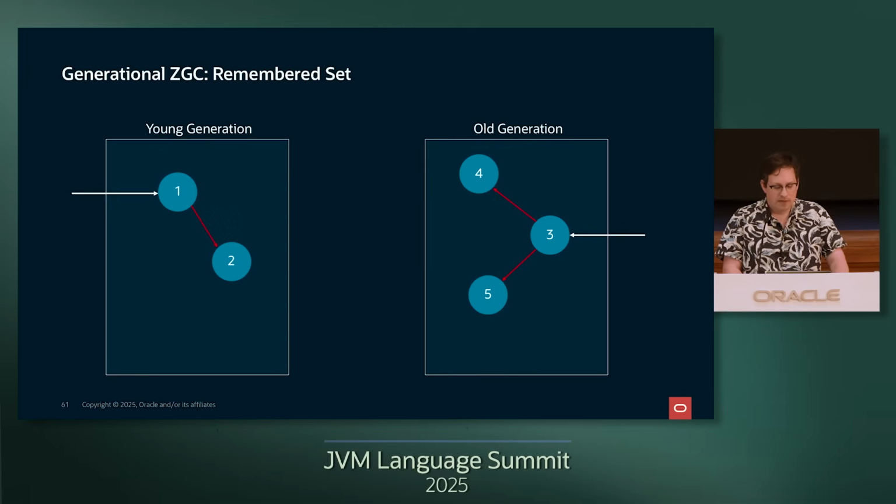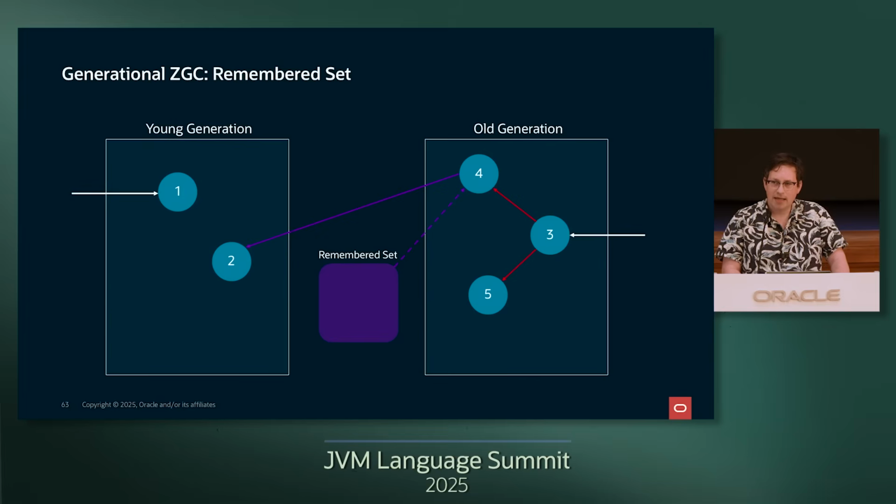And for those of you who don't recall what a remember set is, if you perform a store here, creating an edge from object 4 to object 2, then we have a so-called old to young pointer, a pointer from the old generation to the young generation. And we need some kind of bookkeeping here to recognize that when we're collecting the young generation, object 2 is still reachable.